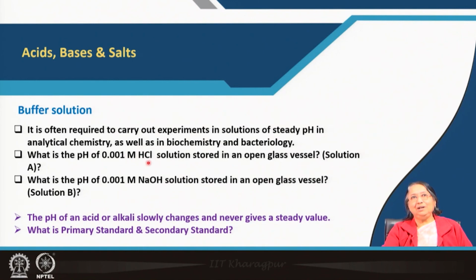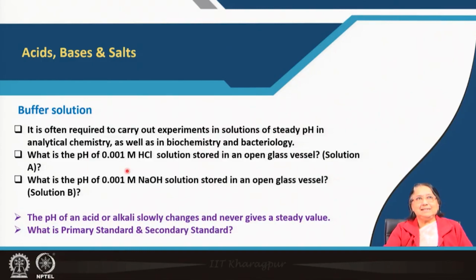I have already given the concept of pH, that pH is nothing but the minus log of hydrogen ion concentration. And I already told you that HCl is a strong electrolyte, that means it will dissociate 100%.